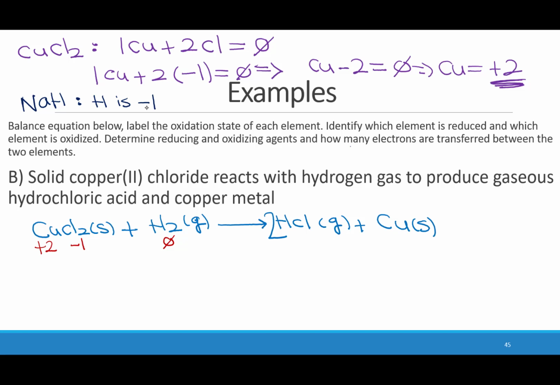Okay, then when hydrogen is reacting with a metal, it will be -1. If it's reacting with a non-metal, like this example, chlorine is a non-metal, it becomes +1.